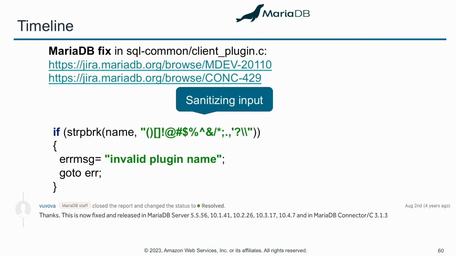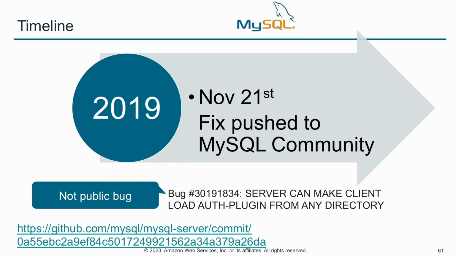So what they did is they started sanitizing the input, right? This is good. The plugin name should never contain all these characters. It's just a name. So they started removing these characters from the plugin name. And then on November 21st, the fix was pushed to MySQL community. I don't know which release that was in.